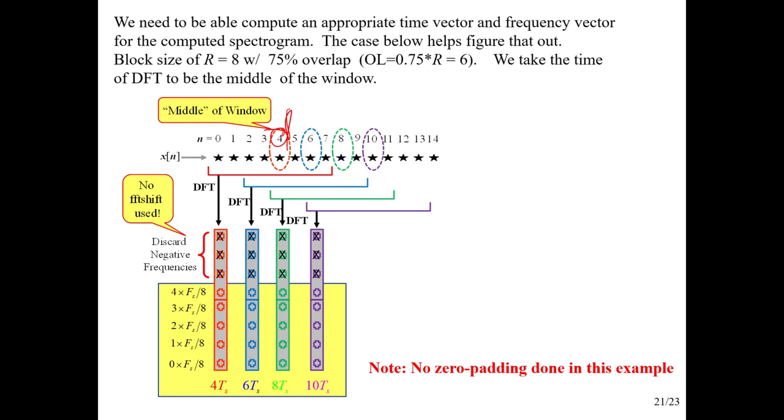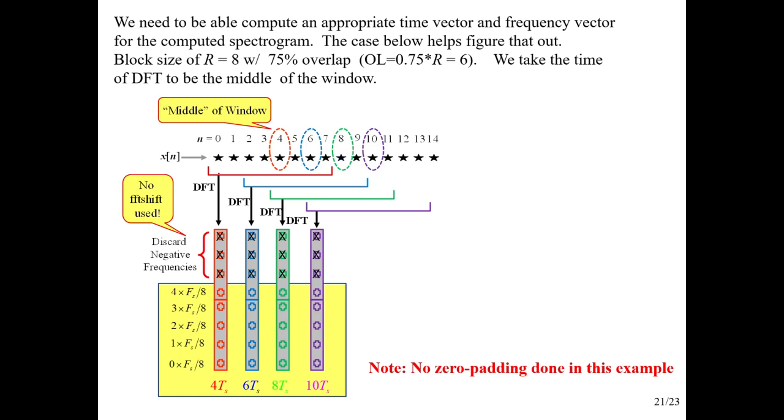Really 4.5 would be more correct, right? Let me see here. I've got 0. I'm going out to 7. So really 3.5 might be more correct, but I used 4. It was just easier to notate it. So in a real application, it might use 3.5 or half values and things like that.